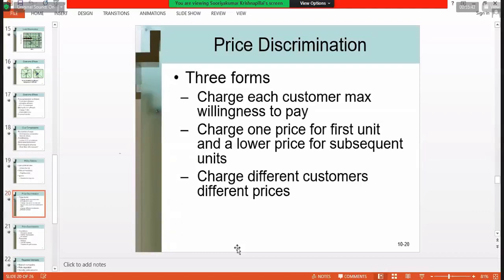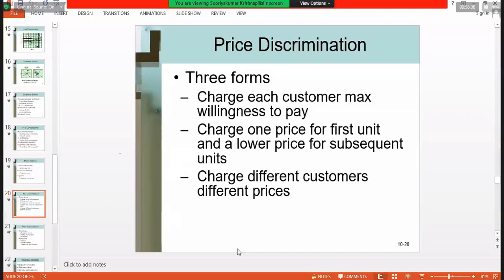All the consumers buy the product at the same price. Marginal revenue equals marginal cost gives the output level, and the price at which to sell all the product is according to the demand curve.